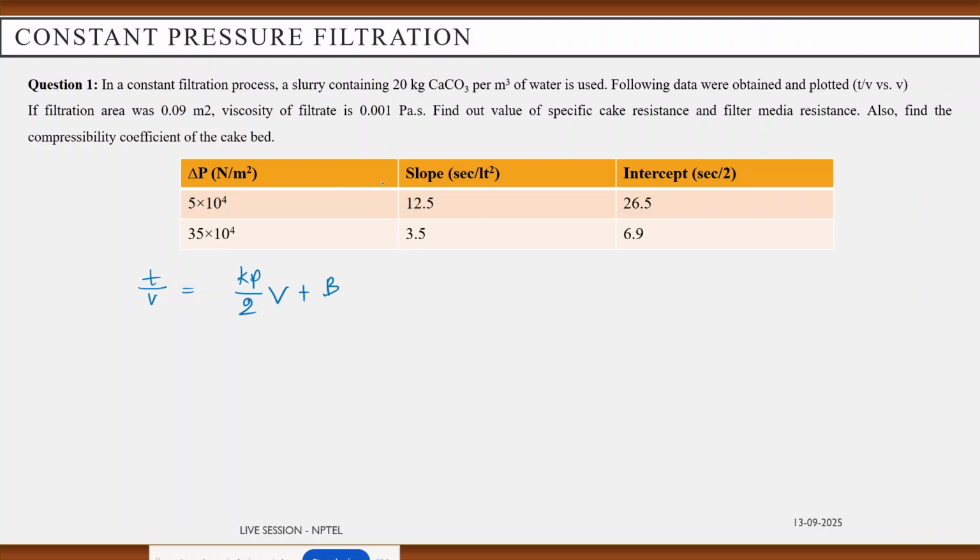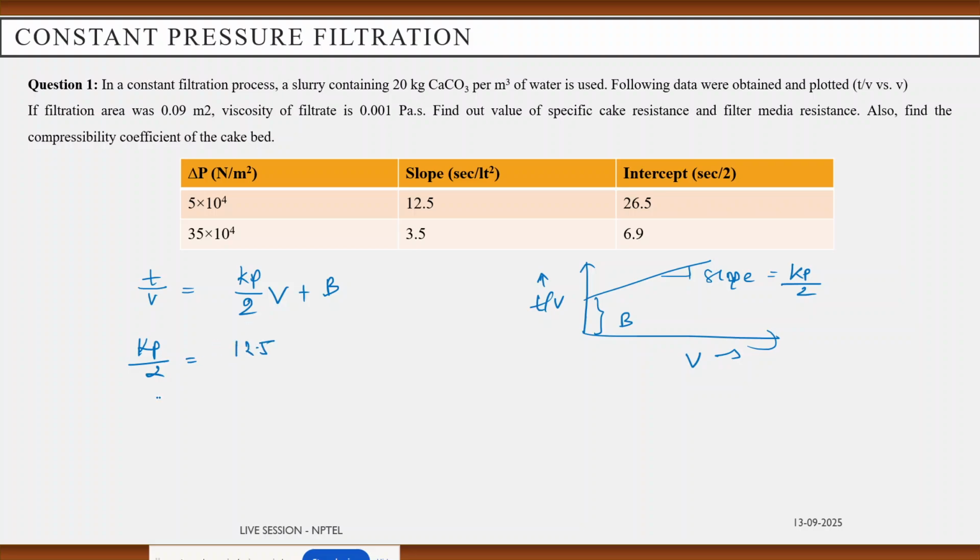When you plot this equation, you will get the slope as Kp by 2 and intercept as B. So the slope value Kp by 2 equals, for first case, 12.5.